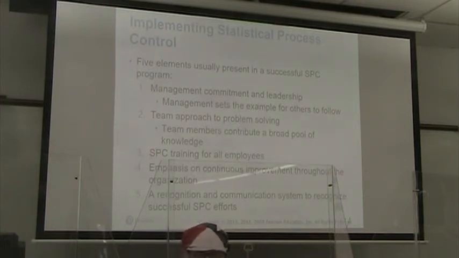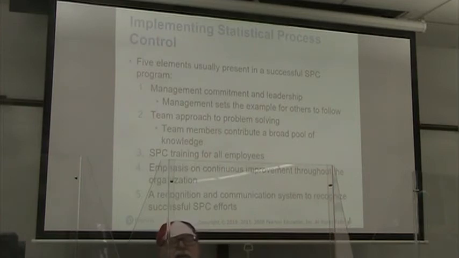So implementing statistical process control, they associate these 5 elements with a successful statistical process control program. One is management, commitment, and leadership. In fact, for almost anything to be successful, we need that.